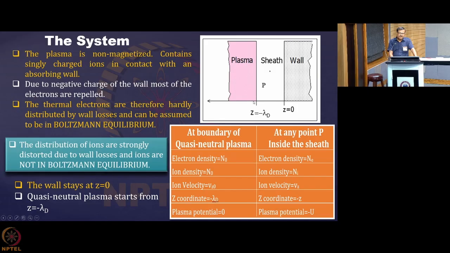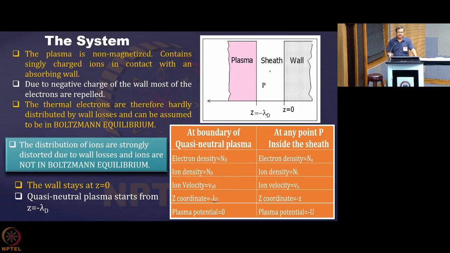So this is the boundary of the quasi-neutral plasma. Here the electron density is n0, ion density is the same as electron density, that is n0. Ion velocity is Vz0 here, the z coordinate is minus lambda d, and plasma potential we are assuming as 0. Okay, and this is the sheath region.